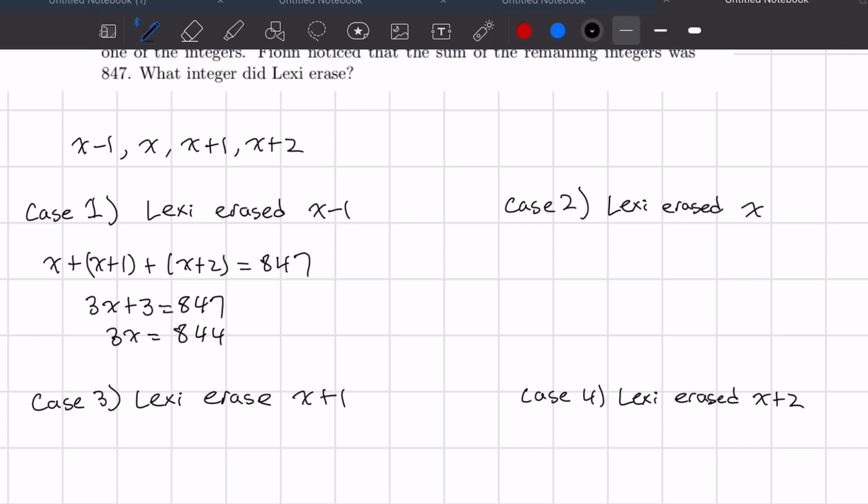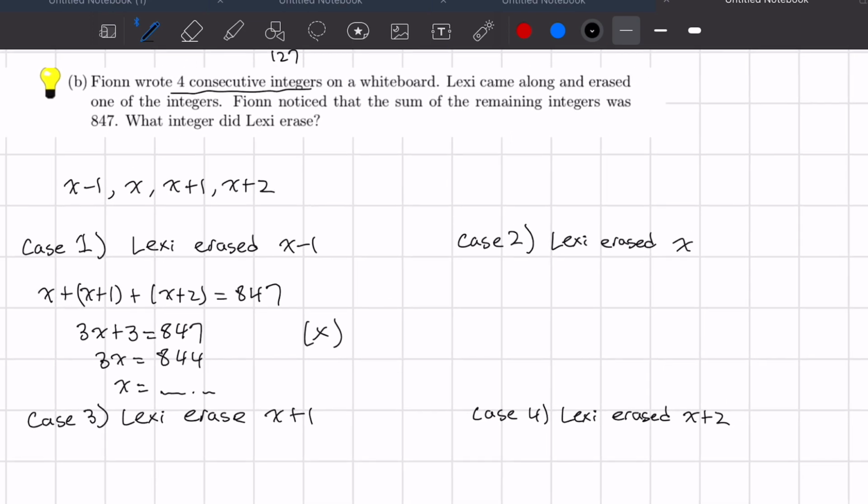And unfortunately, x does not get an integer value, since 844 divided by 3 is not a whole number. So it gets something decimal. So this case would not work, since x has to be an integer.